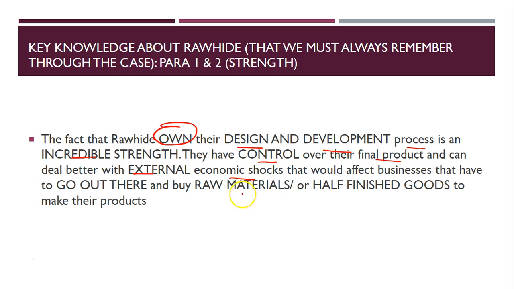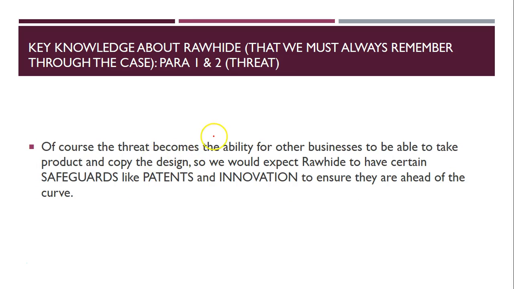So think of businesses that have to buy their raw materials abroad or are dependent on a supply chain further down the line for their raw materials, or half-finished goods or even finished goods. Imagine suddenly the exchange rates move against them, then you have to be dependent on your supplier of this raw material, as opposed to when you actually control the very beginning of the process.